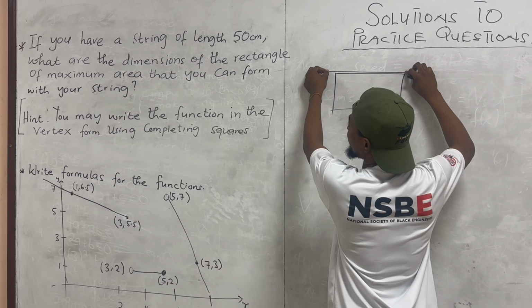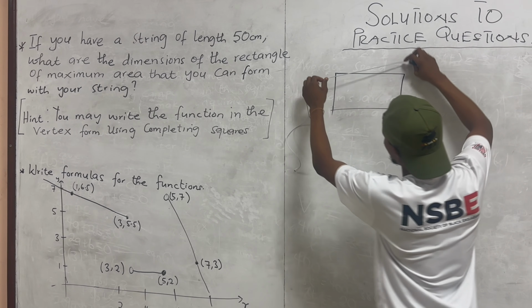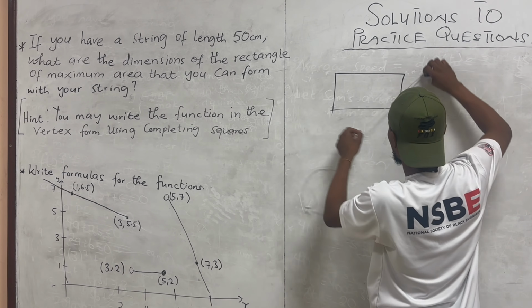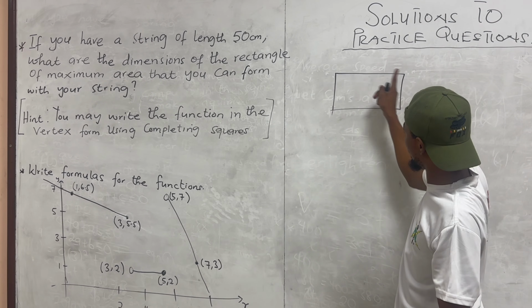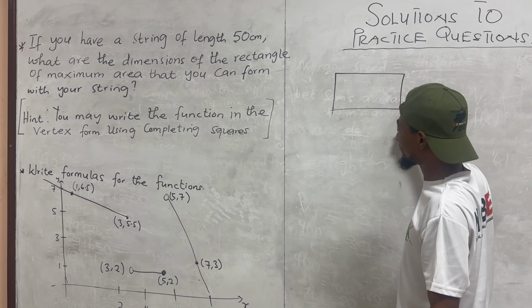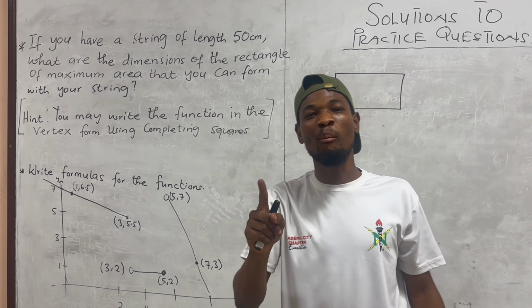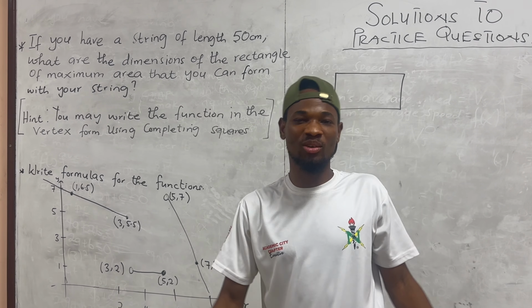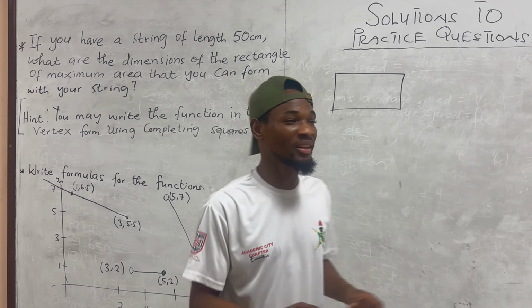Then I'll come here, then here, then here, from here to here. That means you are moving around the plane figure. So simply put, perimeter.